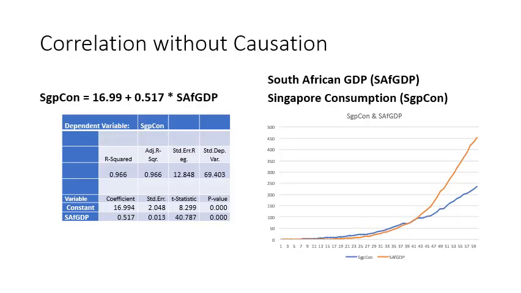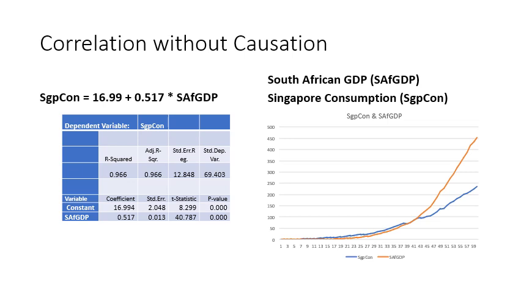So when we run the regression of Singapore consumption on South African GDP, which is basically nonsensical, we get a result which looks very, very similar to the genuine regression. We have R squared of 96.6%. And both of the coefficients, the constant and the marginal propensity to consume, are very highly significant.